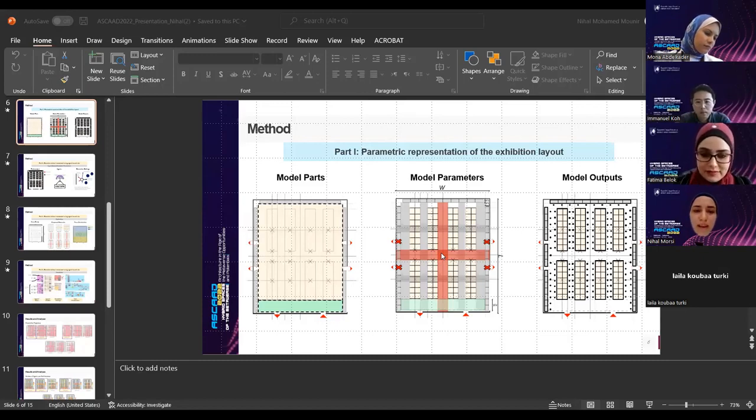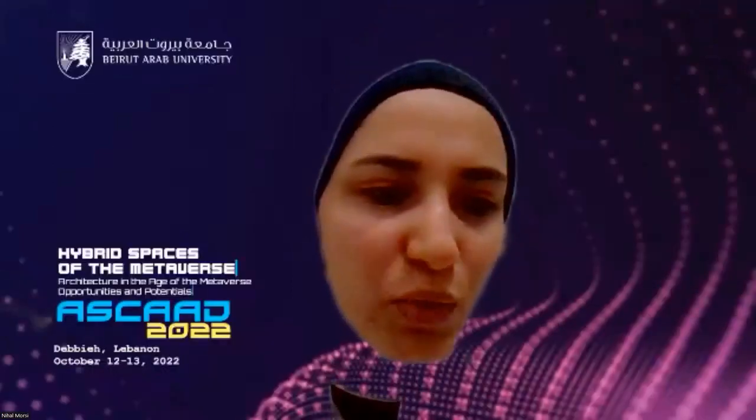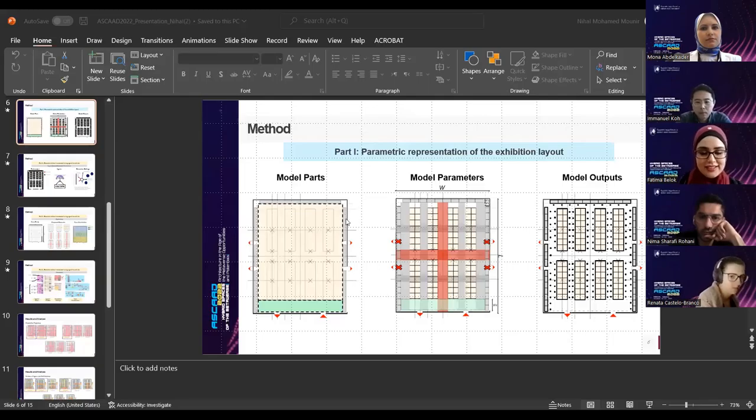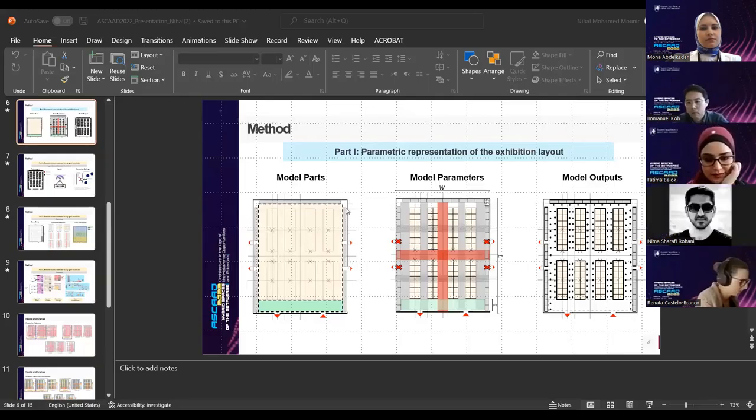Okay, so I have an equation. The internet is not stable with Nihal, I think. I stopped my video so that the internet would work better. So it's basically all plus and minus equations. It's pretty simple. But what happens is I would add the booth here.